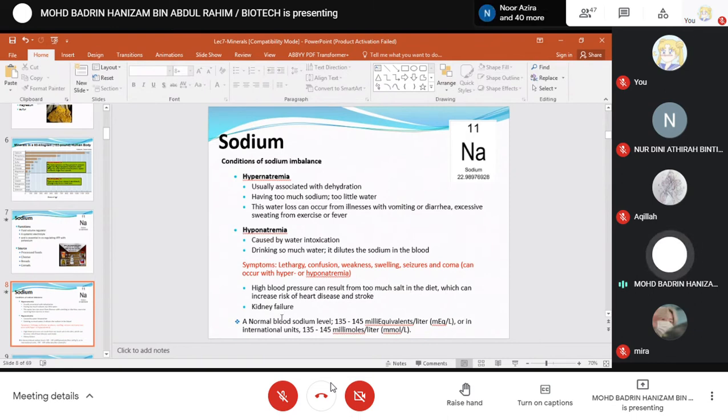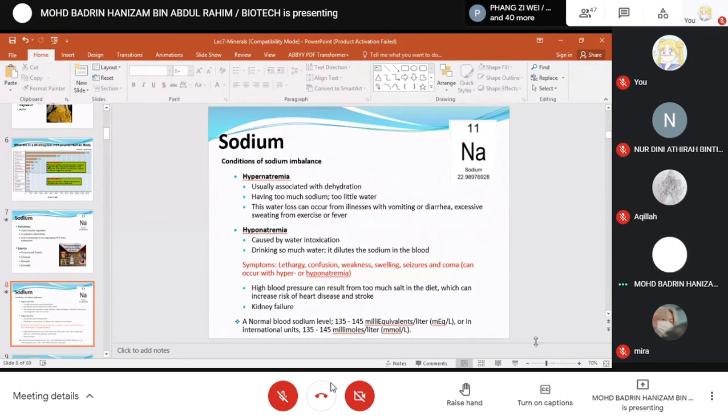It can also cause kidney failure, chronic kidney disease (CKD). A normal blood sodium level is 135 to 145 milliequivalent, or in international units 135 to 145 millimoles or milliosmol.